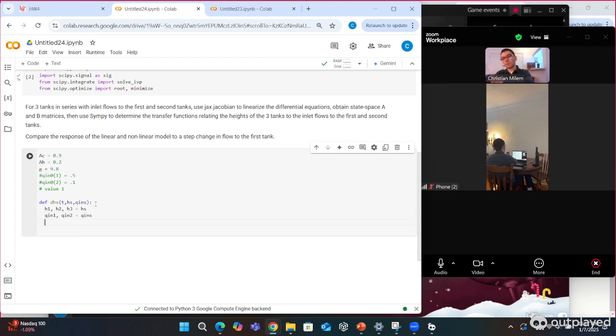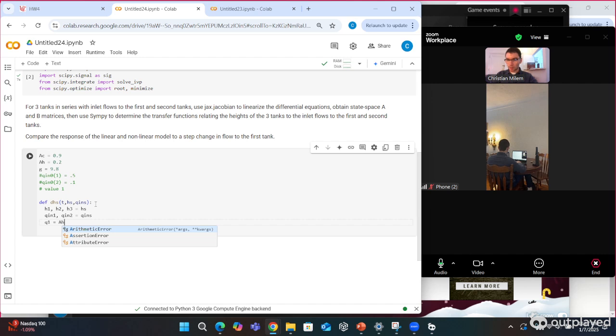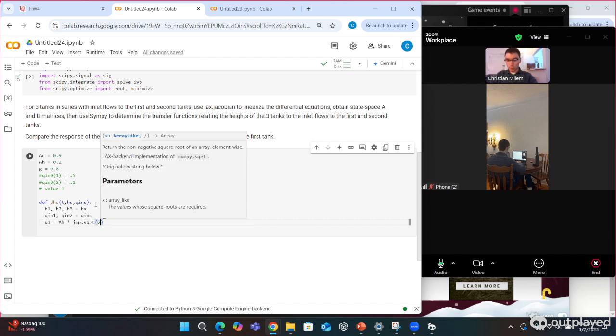Now we can do the flow rate out of each tank, which is a function of the height and the area of the hole: np.sqrt of 2 times gravity times H1.